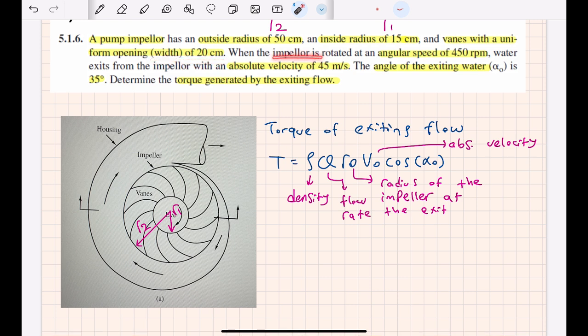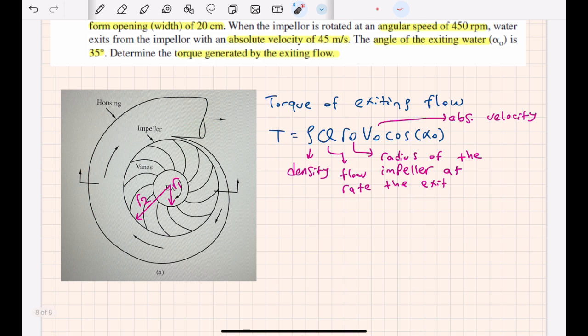When the impeller is rotated at an angular speed of 450 RPM, water exits from the impeller with an absolute velocity of 45 meters per second. The angle of the exiting water is 35 degrees. So we need to determine the torque generated by the exiting flow.